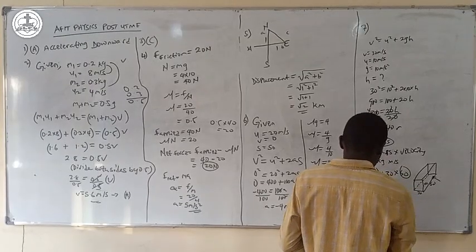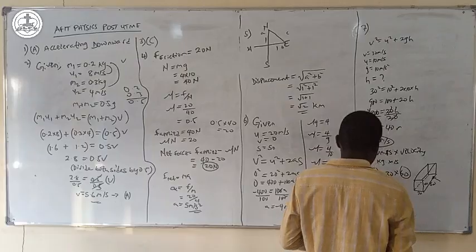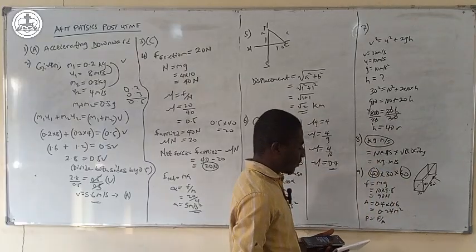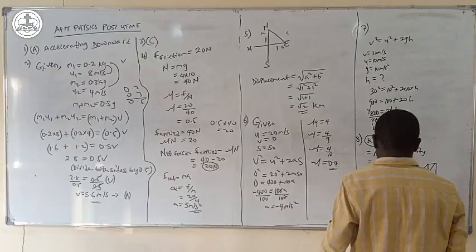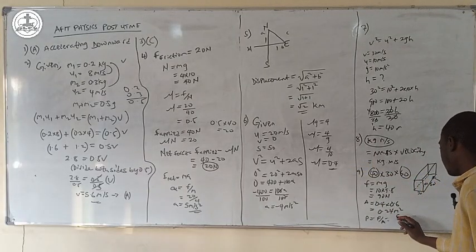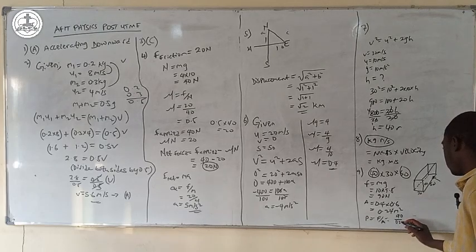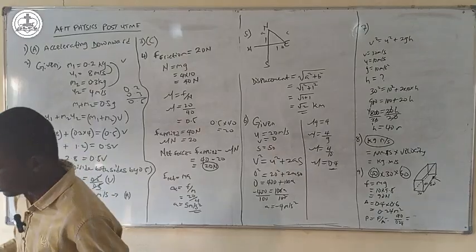And the pressure P is equal to F over A, force over area. So now, what is the force? The force is 98 and the area is 0.24. Let me use the calculator.